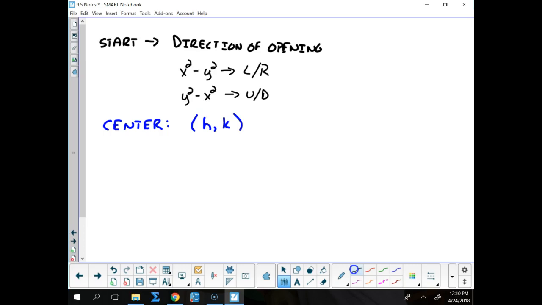Okay, so a squared is going to be underneath x, right? And I'm going to take the square root of that, right? And that's going to give me the left and the right side of what? But what are we making? The box. Yep, we're going to make the box.